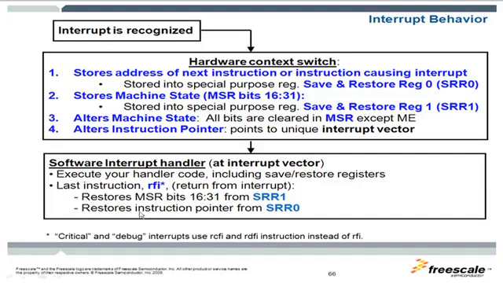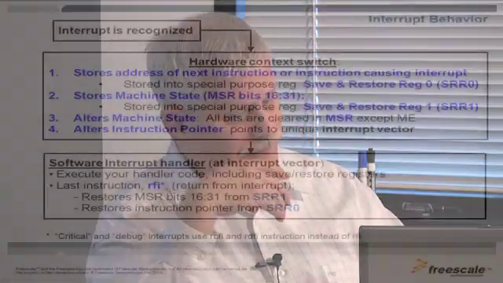As soon as you, in your handler, have backed up this prior machine state of SRR1, SRR0 on the stack, then you can re-enable interrupts. And that's what the code does for the interrupt handler. It saves only what's necessary, so for minimum time, then re-enables interrupts so a higher priority one can be recognized.